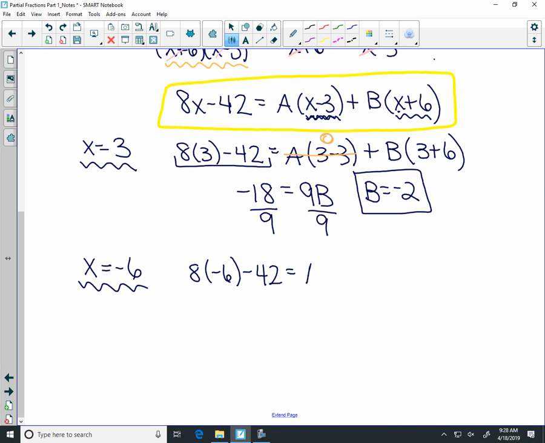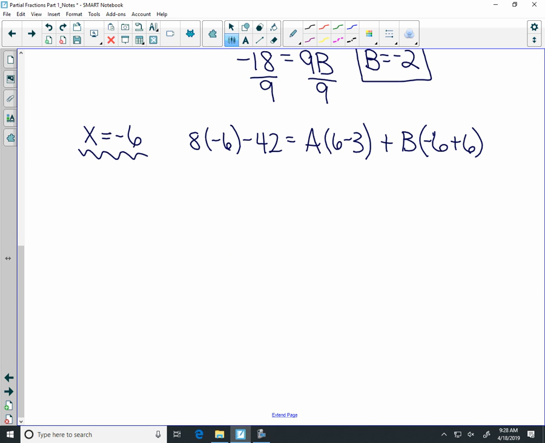So a, and my x is 6, so 6 minus 3. And my b I'm zeroing out, but I want to show it just to make sure that it actually worked. So 8 times negative 6 minus 42, I got negative 90. Is that what you got?